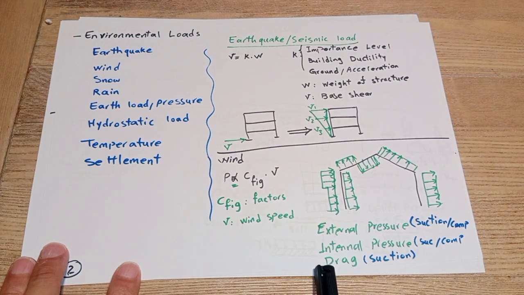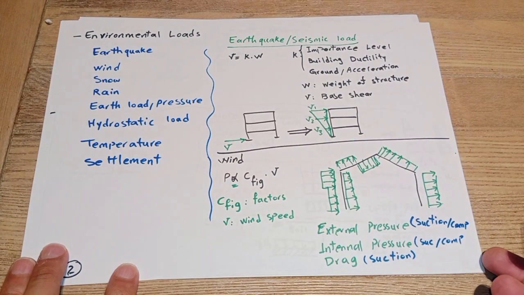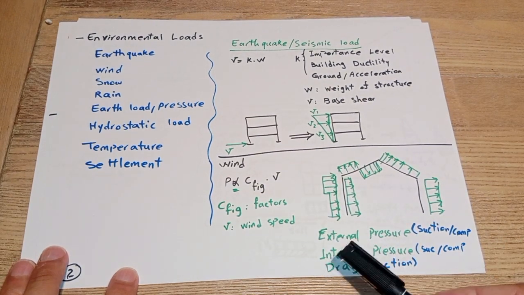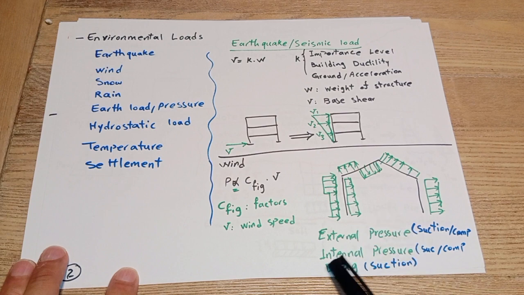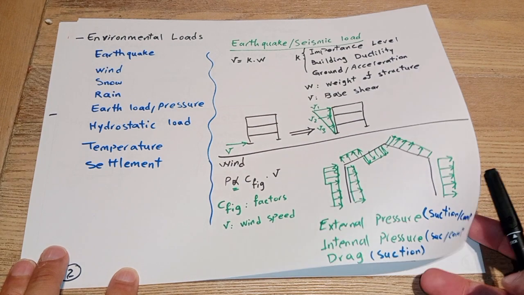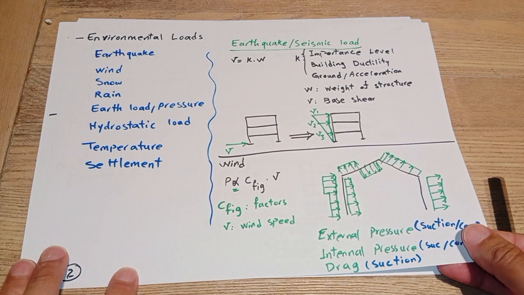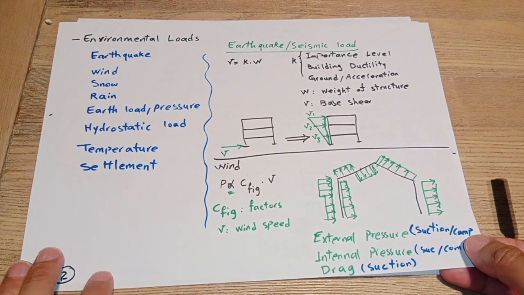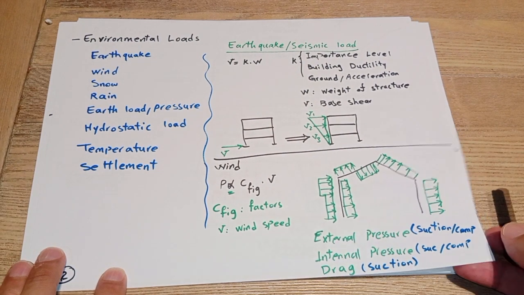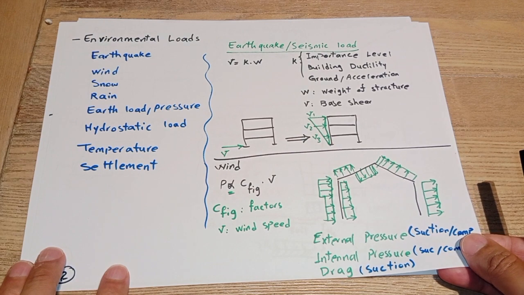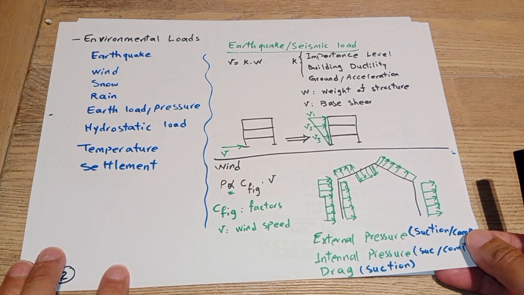Sometimes this drag force is very important and very critical. And the internal pressure especially is very dependent on the porosity of the structure, or the area of the openings, allowing wind to circulate inside the structure.